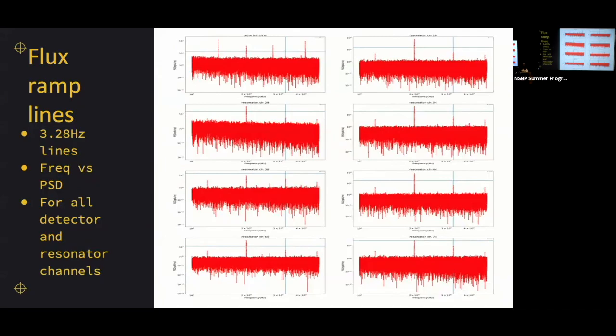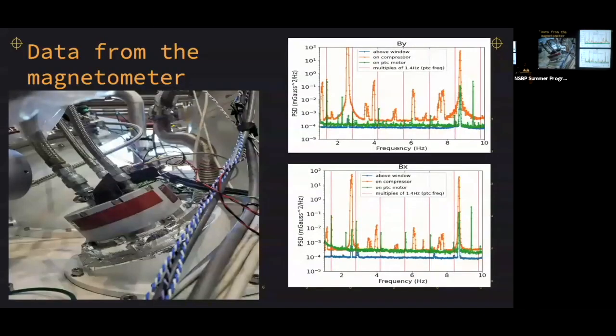Do you have an idea what within the system is causing that magnetic signal? Oh yeah, the pulse tube motor is what's causing it, from the previous slide. We used a magnetometer. And what do you do next now that you know that's the case?